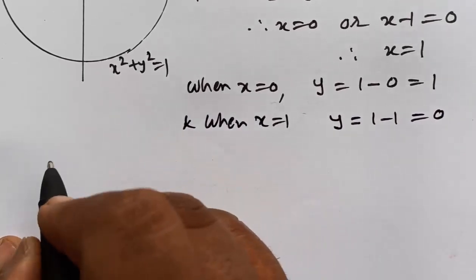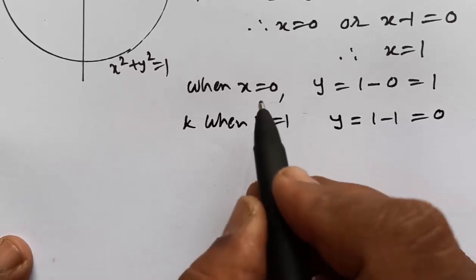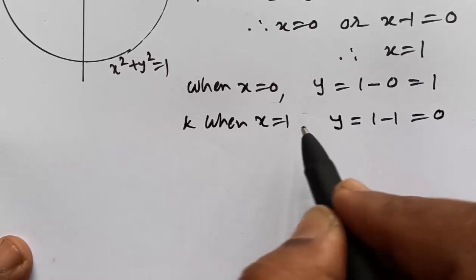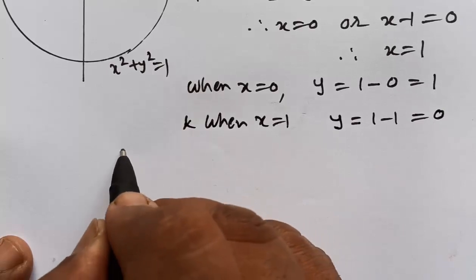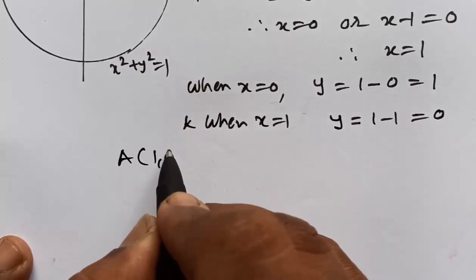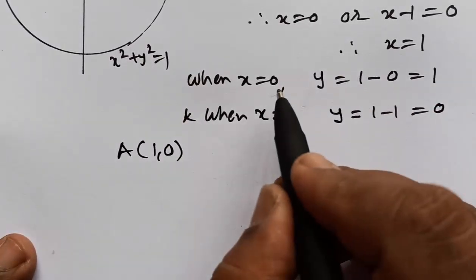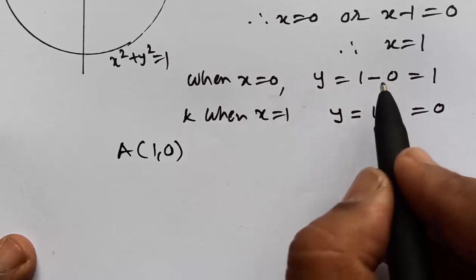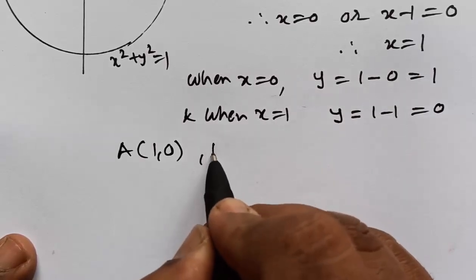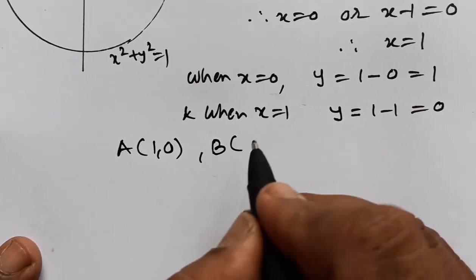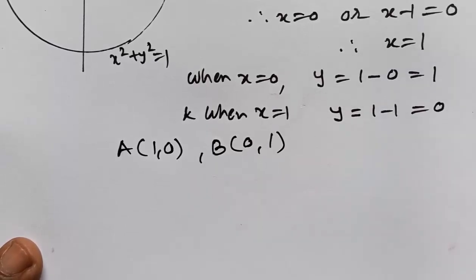So the points of intersection are: when x is equal to 1, y is equal to 0, we call it A, (1, 0), and when x is equal to 0, y is equal to 1, it is B, (0, 1).